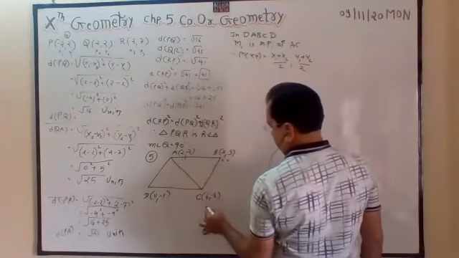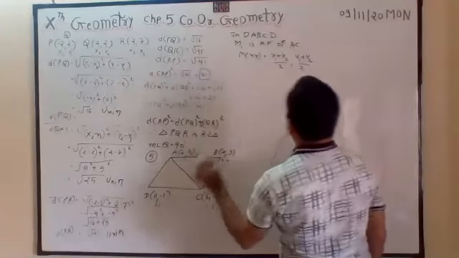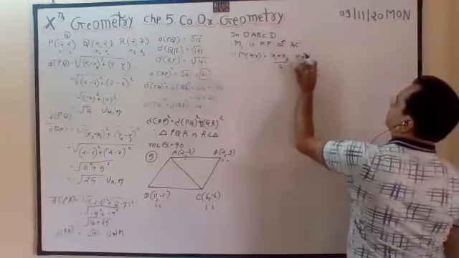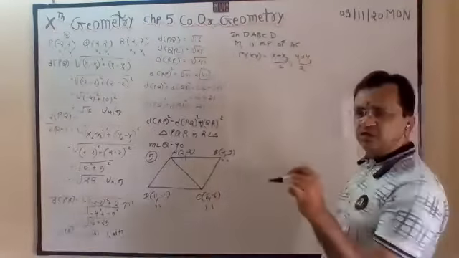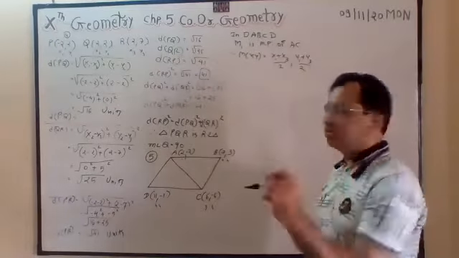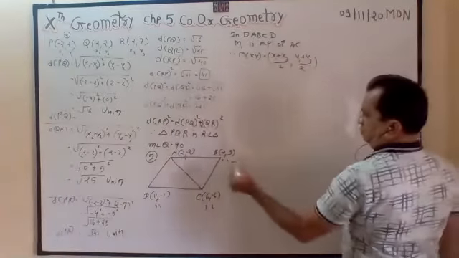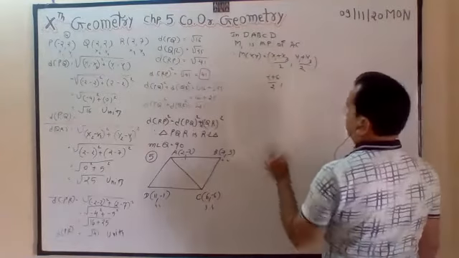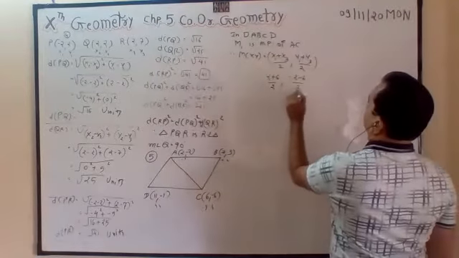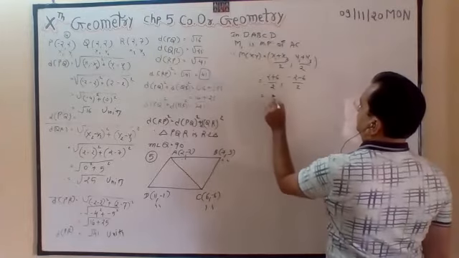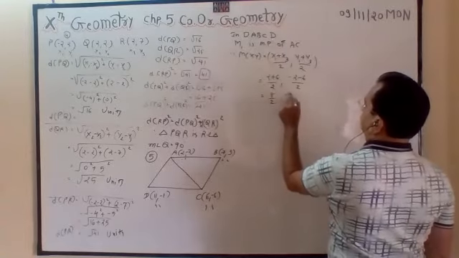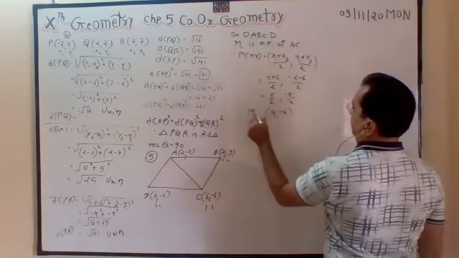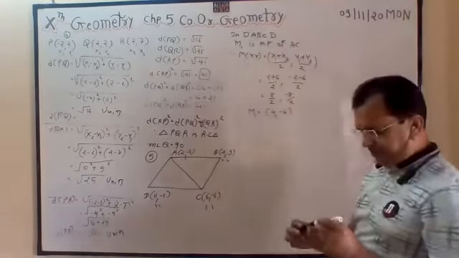This is 1, 1, this is 2, 2, this is 3, 3, this is 4, 4. So I take 1 and 3. X plus x divided by 2, y plus y divided by 2, it is a midpoint. So that is 2 plus 6 divided by 2, minus 2 minus 6 divided by 2, 8 by 2, minus 8 by 2, so it is 4, minus 4, capital M1, the midpoint.